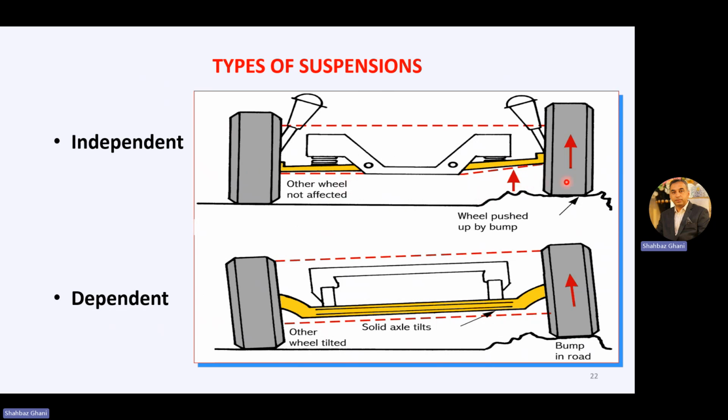If one wheel of your vehicle is facing a bump, the tilt will not travel to the other wheel, as in the case of a solid axle or dependent suspension system, because of the independent nature of the suspension. So only the wheel experiencing the bump will be affected, the other will not.